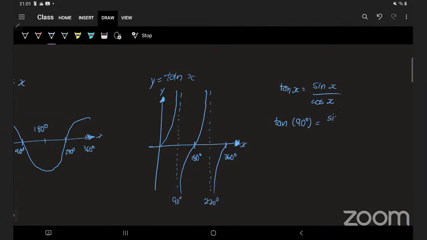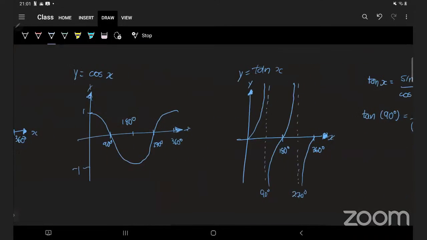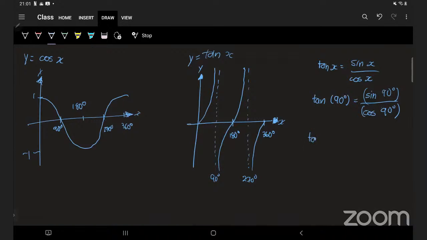We get sine 90, which is 1, and cosine 90, which is actually 0. So we'll be getting tangent 90 is equal to 1 divided by 0, which can't happen because if you divide by 0.001, you get 1,000, right?